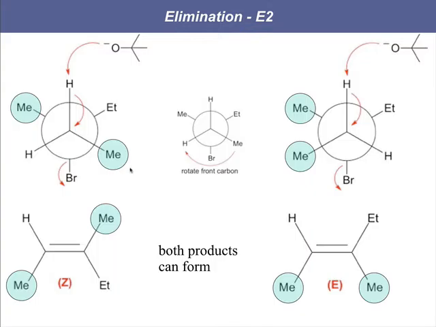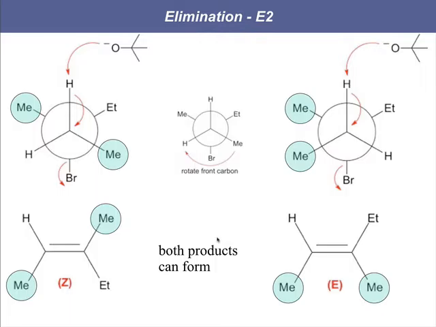Now let's look at why we get both the E and the Z products as a result of this. Sometimes you will see we will only get the Z, and sometimes you will see we will only get the E. But in this specific case, we get both.